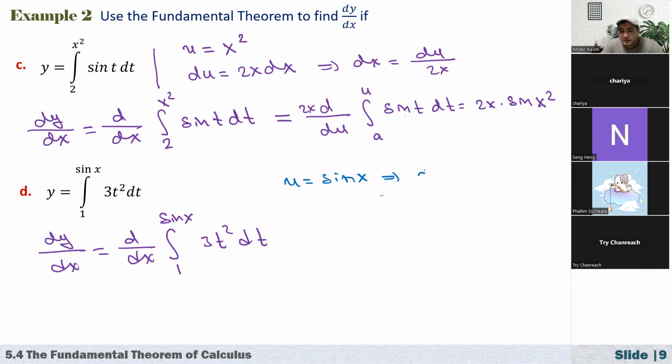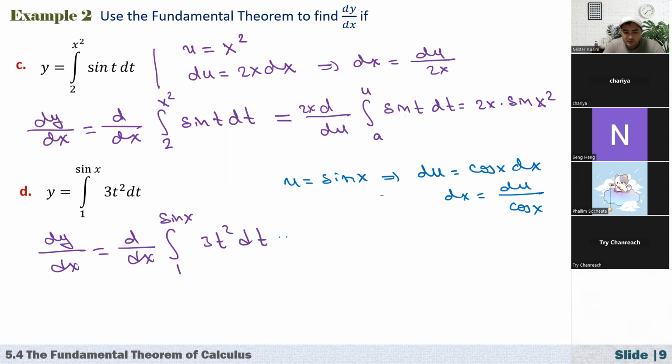Then what is the differential of u? That is cosine of x dx, right? We practice how to find the differential. So this dx can be replaced by du over cosine of x.